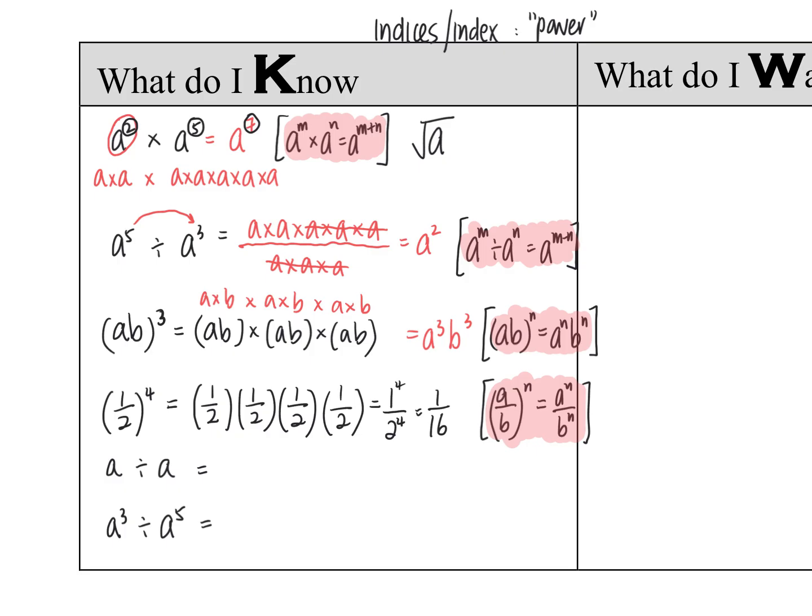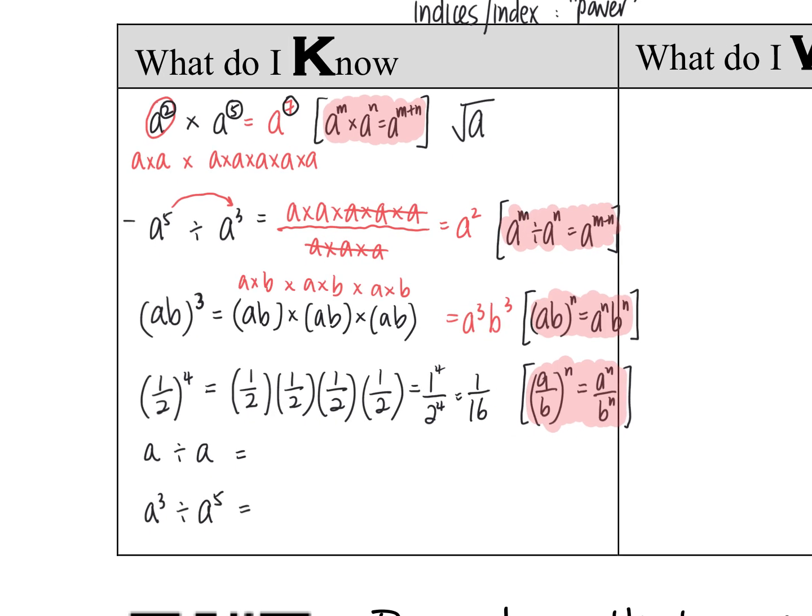Okay, if I'm using this law, what will it end up as? A to the power of what? If I'm using this law on top, the same rule is division, right? What do I do to the power? Minus.